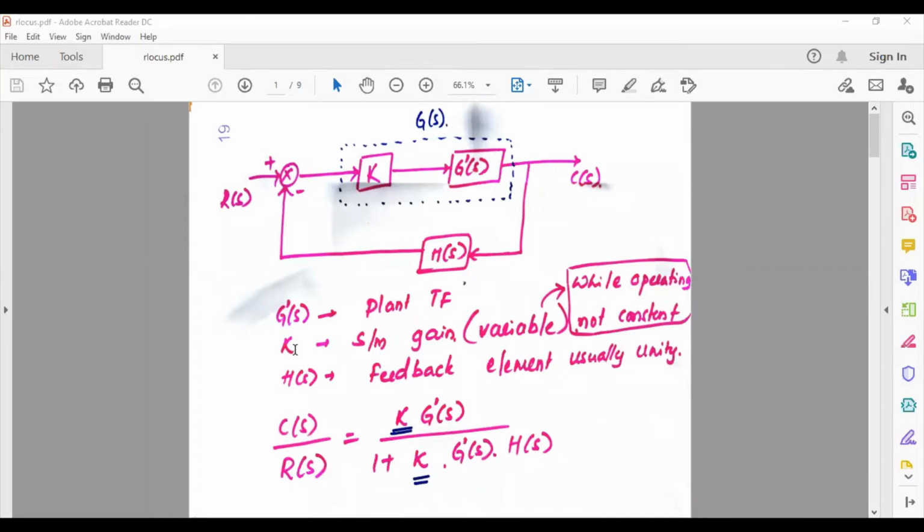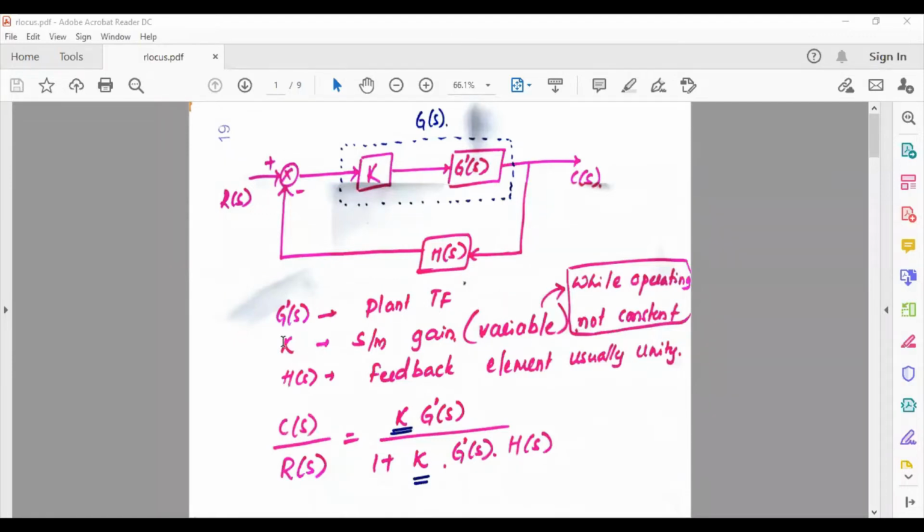Now what we have to understand is, for a bicycle, what is the range of operation of K, or how much you can accelerate to run it properly, or what is the maximum speed you can run to control it properly. While we operate the system, we are sure that this K is not going to be a constant or fixed value.